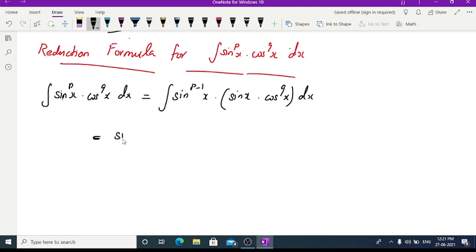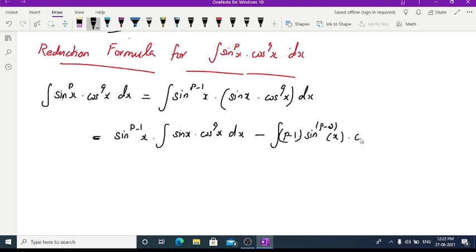First into the integral of the second, integral of sin x cos^q x dx, minus the integral of the differential of the first, that is (p-1) sin^(p-2) x into the derivative of sin x, that is cos x dx.